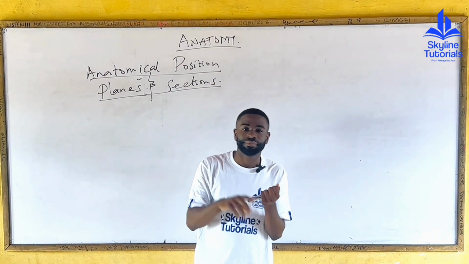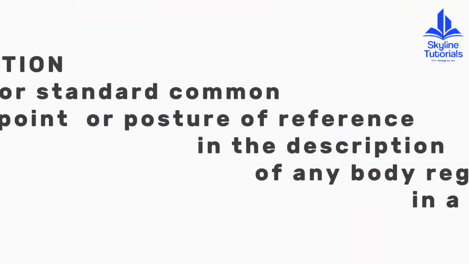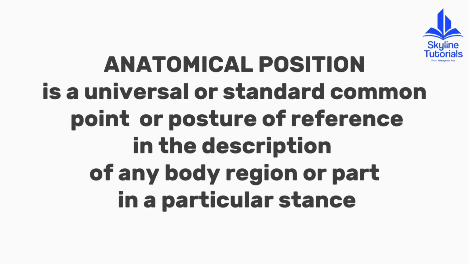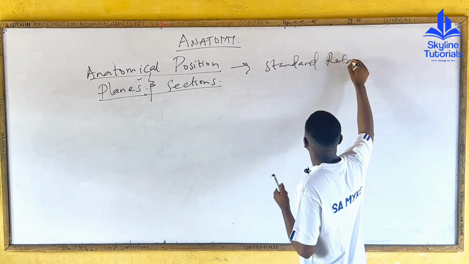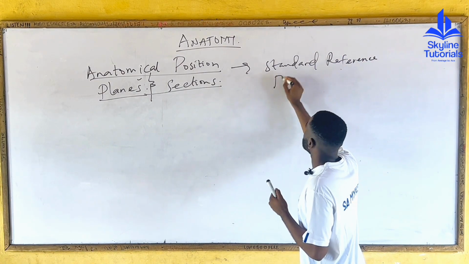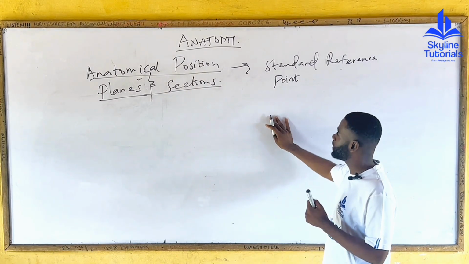Anatomical position. Simply put, anatomical position is referred to as the standard or universal reference point of description of the different body parts in a particular stance. It is a standard reference point in describing the different parts of the body system.